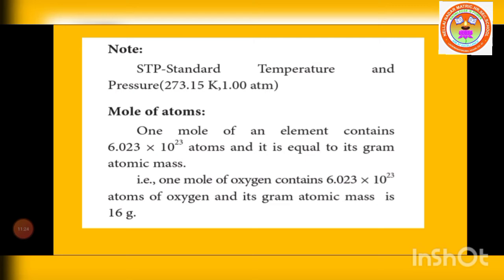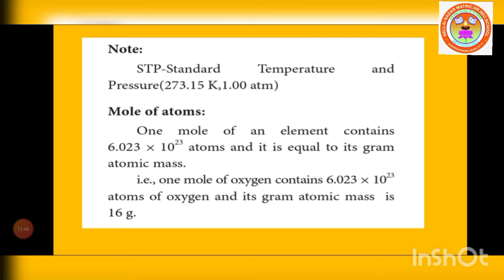It is equal to its gram atomic mass. So 1 mole of oxygen contains 6.023 × 10 to the power of 23 atoms of oxygen, and its gram atomic mass is 16 gram.